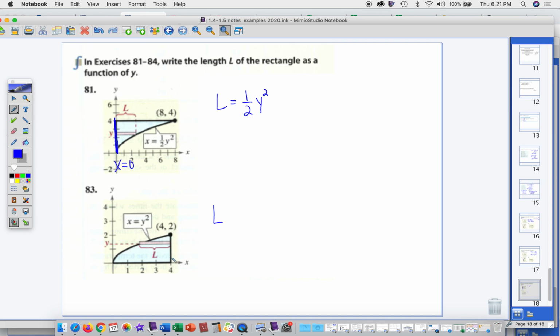This time we're starting with the vertical line, which is further to the right than the curve. The vertical line is the line x equals 4, so it's 4 minus y squared, since x depends upon y squared. That would give us the length of any rectangle going in the horizontal direction between these two boundaries.